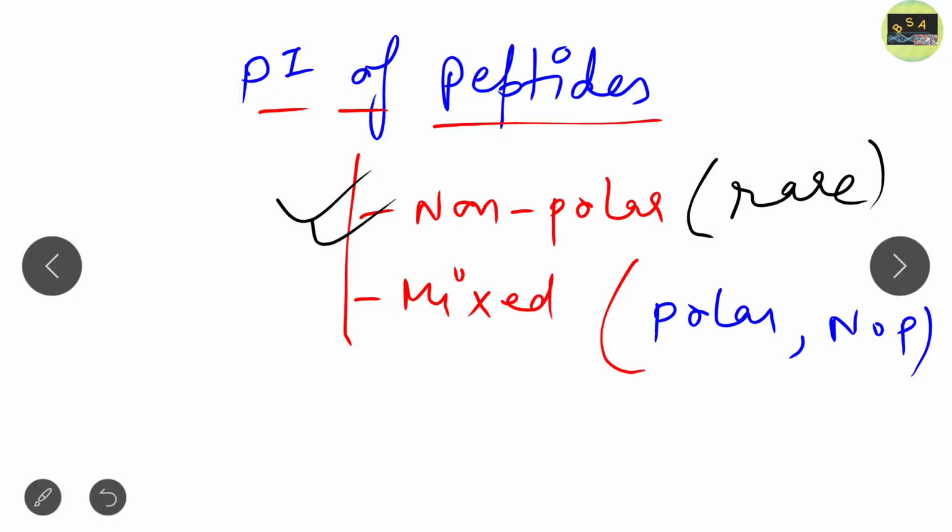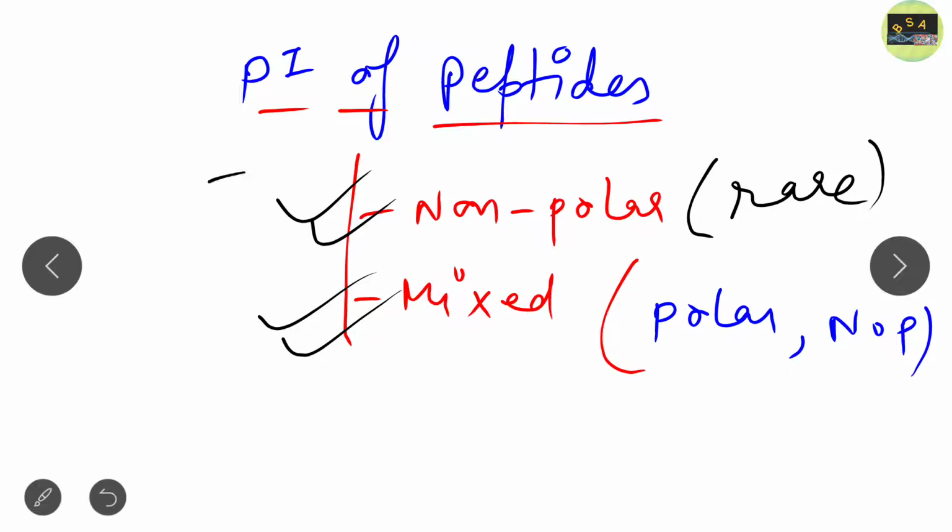It is rare that a peptide chain is made up of only non-polar residues, only glycine, valine, leucine and so on. But in the second case, the mixed, where polar and non-polar are both present, there may be glycine, aspartic acid, alanine, lysine, arginine, histidine, and so on.